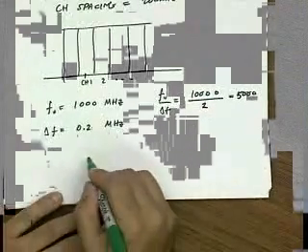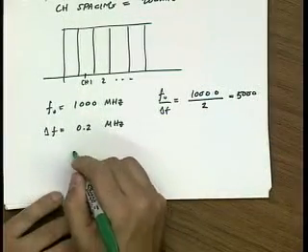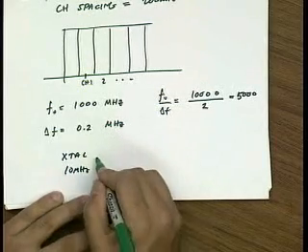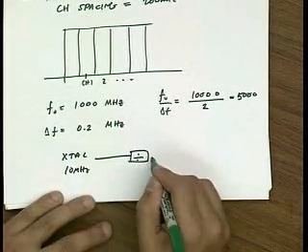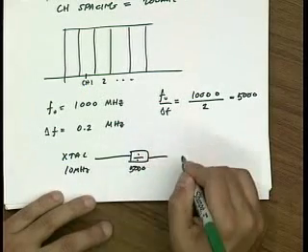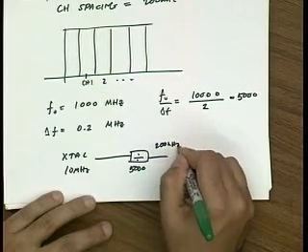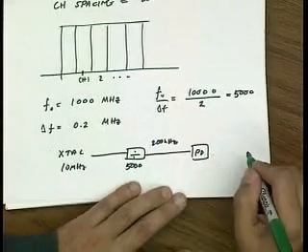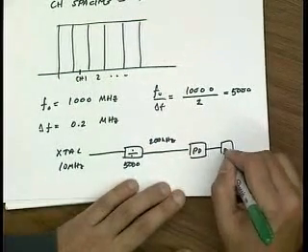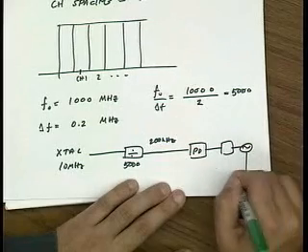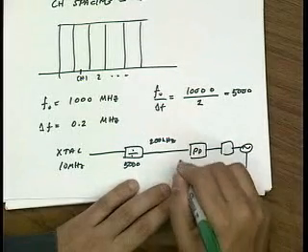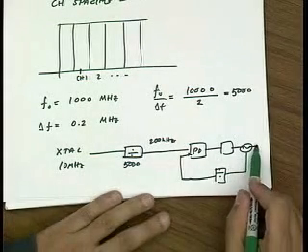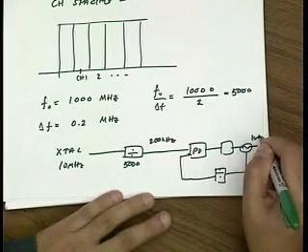Okay? So that means that I should choose a reference. If I have a crystal, let's say at 10 megahertz, what I'll do is I'll divide it down by 5,000 to create a 200 kilohertz signal, and then I'll go into my PLL basically to generate a 1 gigahertz signal locked to a reference.